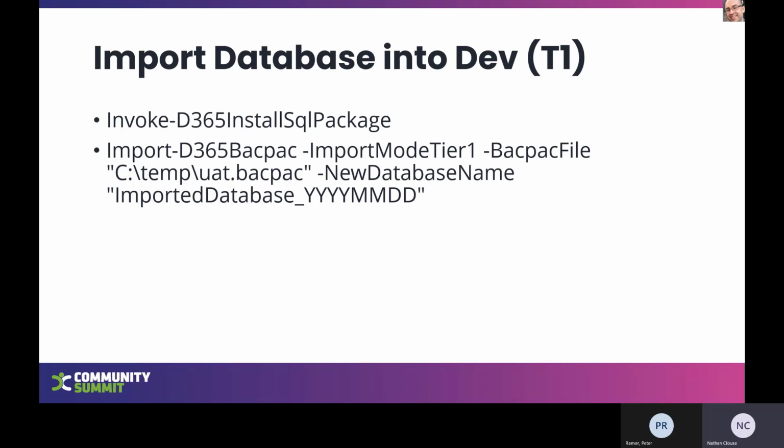So you'd say set active database, imported database, year, month, day, and then it would dynamically do a switcheroo on the databases, and then you've got fresh data in your environment with whatever code you've been working on, so you don't have to lose a lot of time just because you need fresh data.